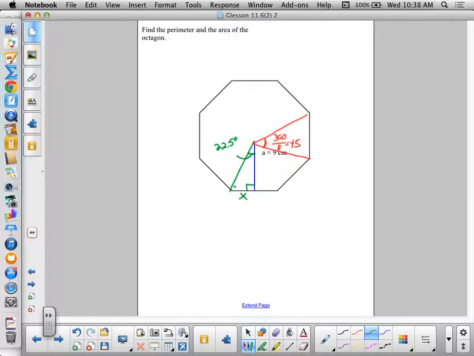Well, now we're golden because I've got the apothem. I need this side here, which is which with regard to the 22.5 degree angle? Opposite. What function am I going to use? So tangent of 22.5 is x over 9. X is on top, so 9 times tan 22.5 tells me that side is 3.73.